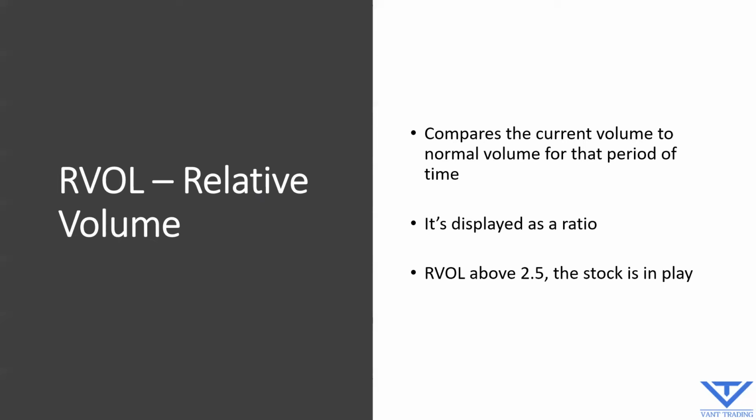Now, I'm not saying that a stock with an RVOL of 0.66 cannot go up. It's just that the risk to reward for us is not where we want to be. We don't want to be in a stock that has an RVOL of 0.66 because it's just not for us.